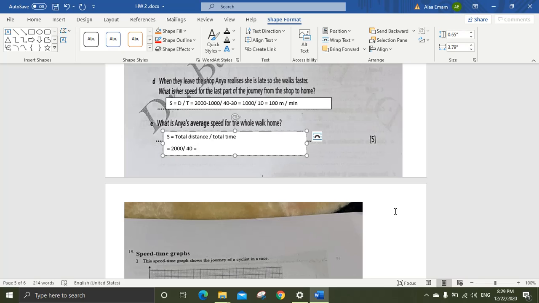Let me calculate it. So you get 50 meters per minute, right?